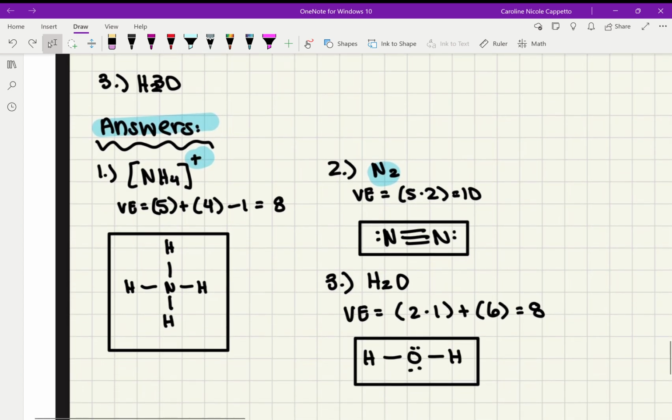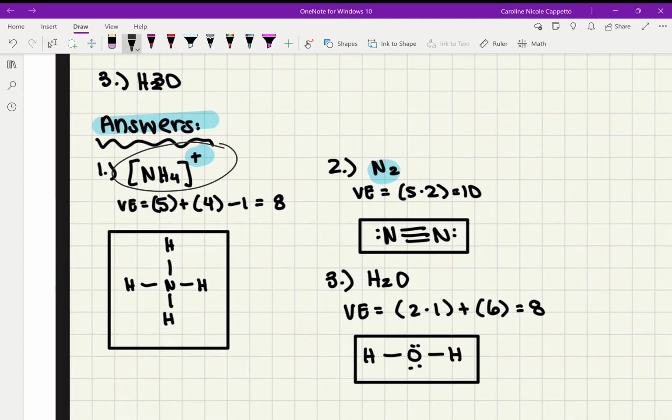For this first one, NH4+, here's where what we learned about the valence electrons comes into play when there's an outer charge on the compound or molecule. The valence electrons would normally just be 5 for the nitrogen plus the 4 hydrogens, which is 4 times 1, so plus 4.